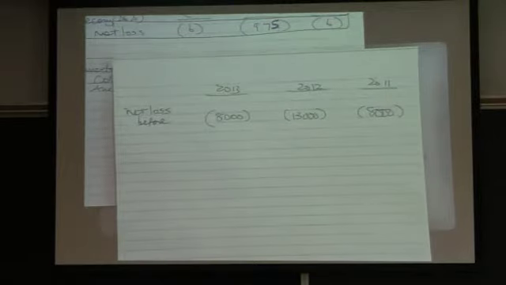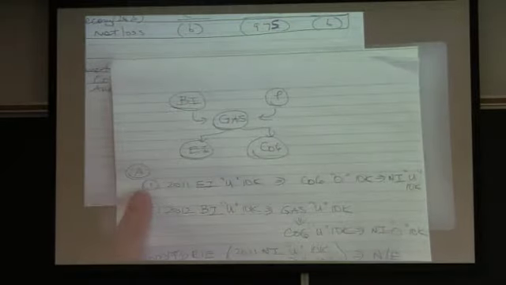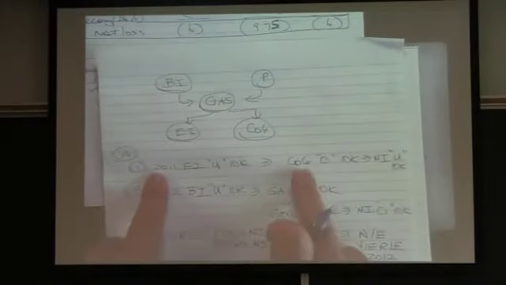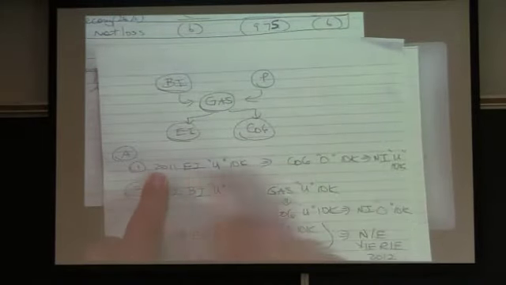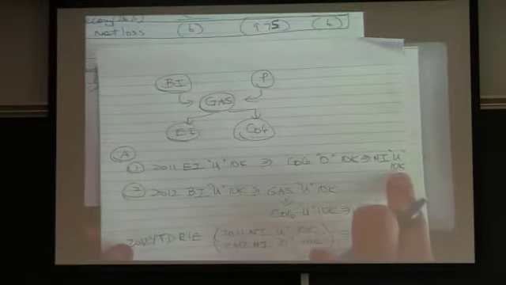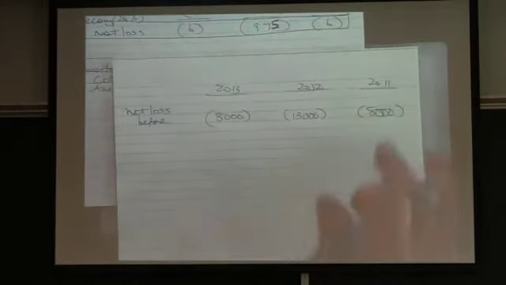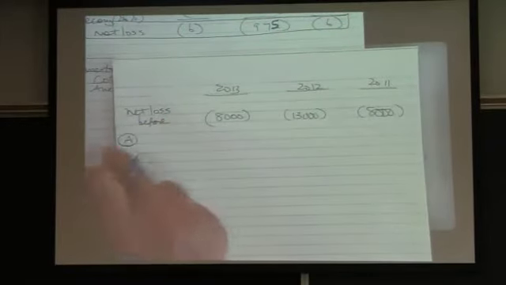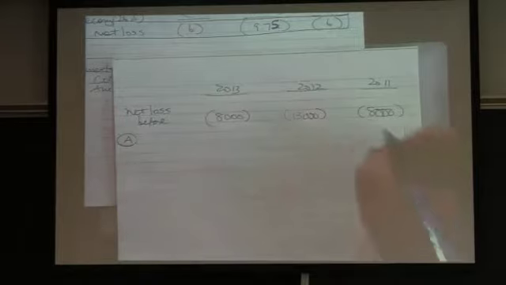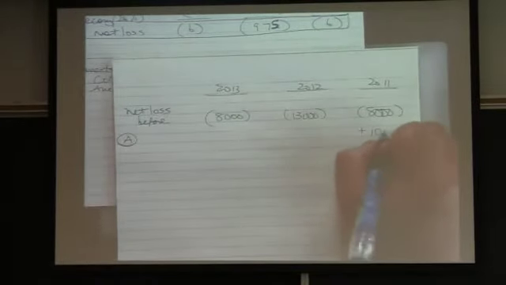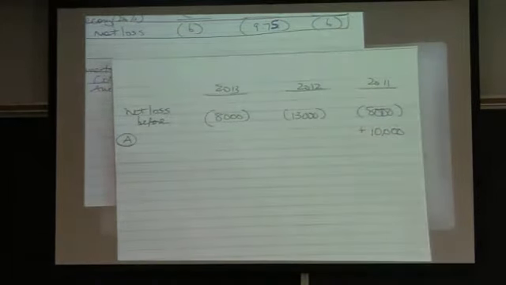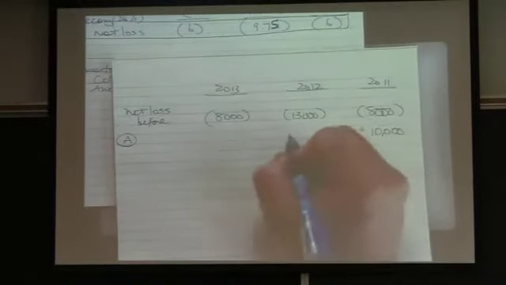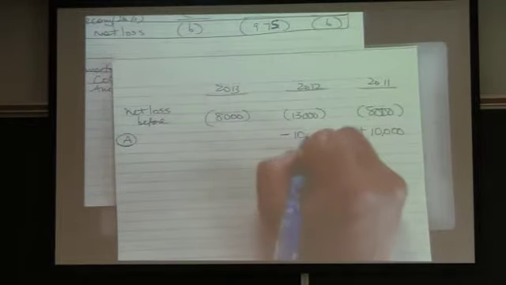So looking at the first error, right? This is the first error. You'll see that net income in 2011 is understated by 10. So 2011 is the first entry, the first adjustment is understated, which means we want to add 10,000 here. And 2012, the net income is overstated, so we want to subtract 10,000.